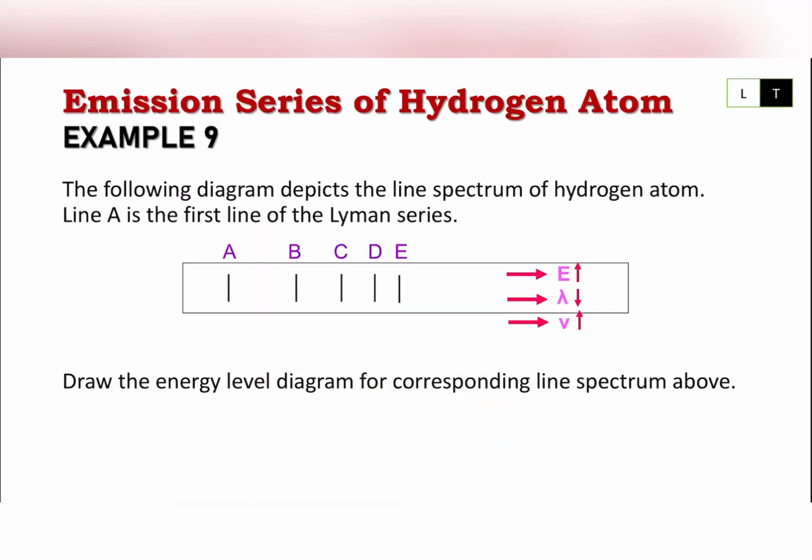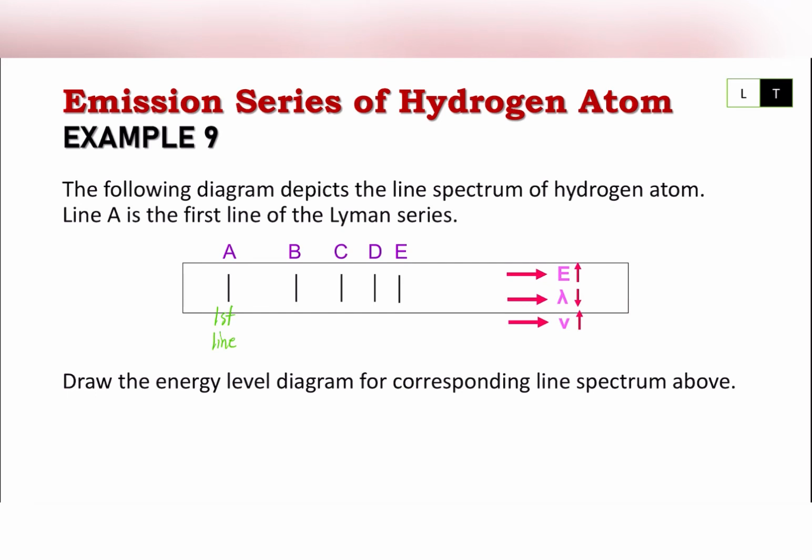Let's try one last example for emission series, where I have here a diagram that depicts the line spectrum of the hydrogen atom. Line A is the first line, so I'm going to label this one as the first line, because you can see the gap between the first and second is bigger. Now you have to draw the energy level diagram for the corresponding line spectrum.